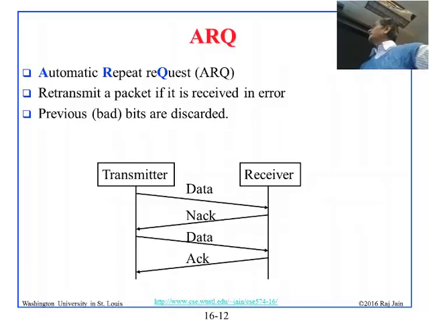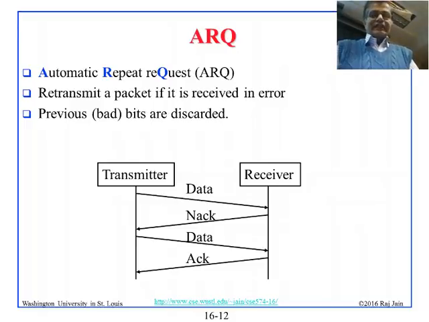If the data does not make it, then you send a NAK. If you get a NAK, then you send the data again, and when you get the ACK, you're all set. NAK is optional. If you don't send the NAK, the sender will time out and send it, which will take even longer. So NAK saves you some time.